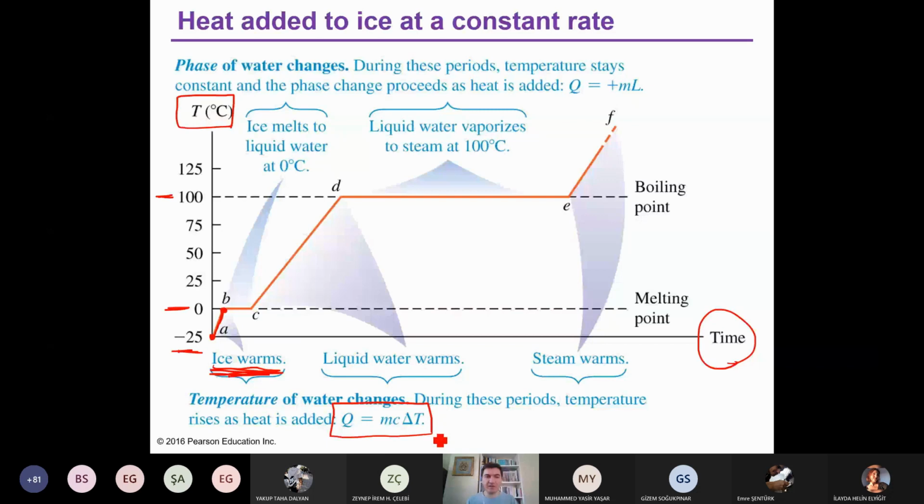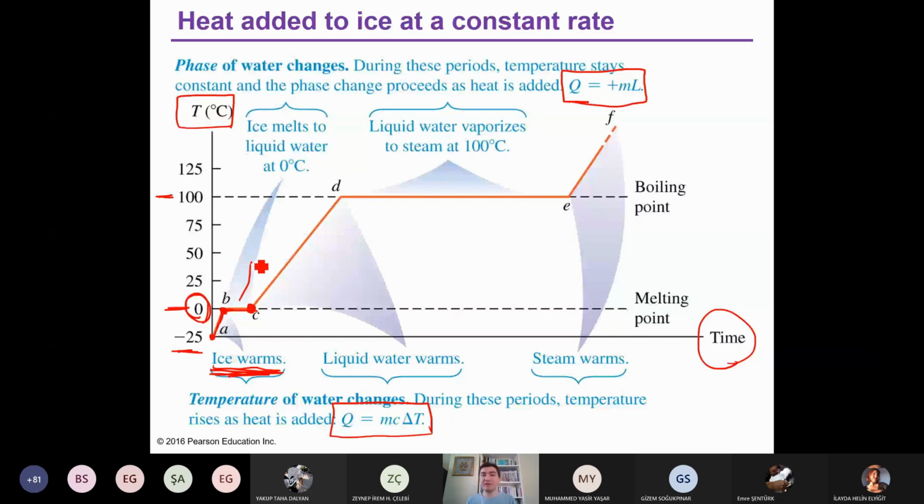And between B and C here within this graph, we add heat over time, okay? And this heat is given with this expression, Q equal to M times L, okay? But the temperature of the material does not change, okay? Here in this part of the graph, ice melts to liquid water at 0 degrees Celsius.